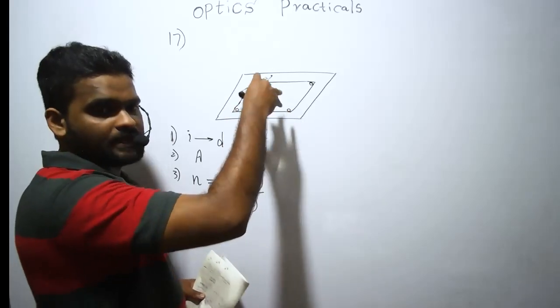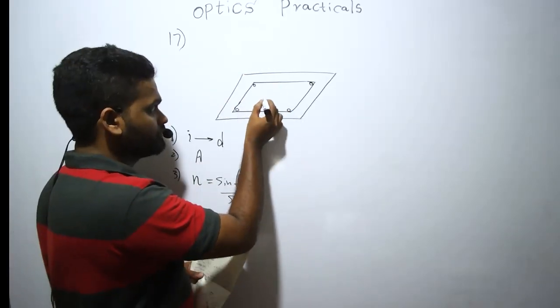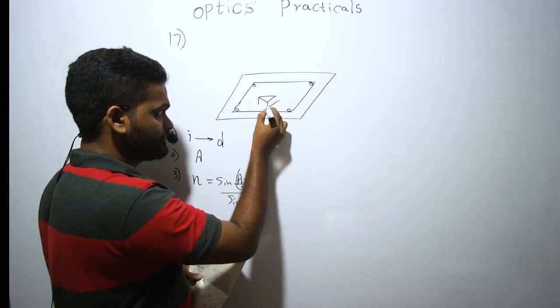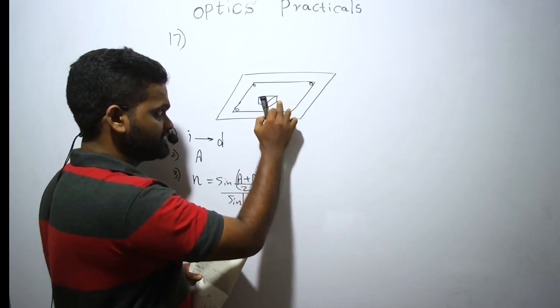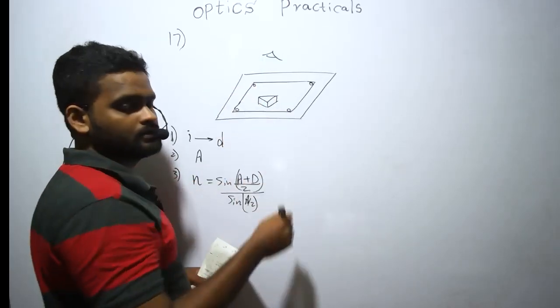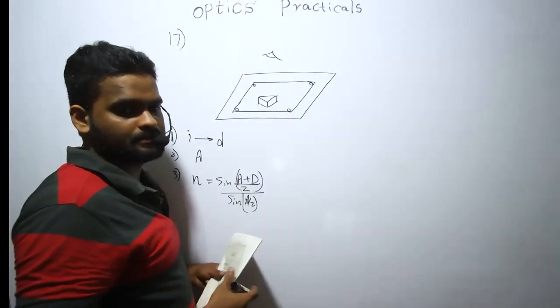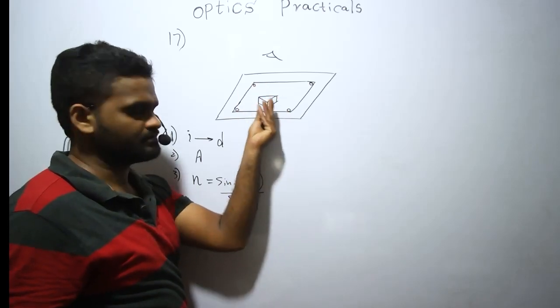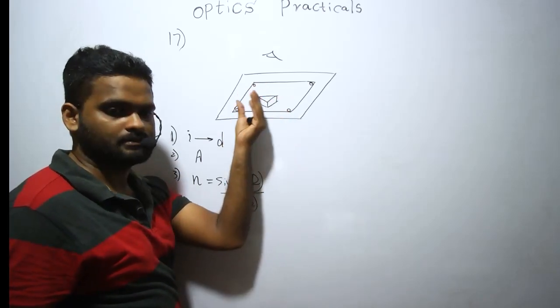On this board, you place the prism like this. So basically, this is what we are doing. From above, you are looking at the prism, and the prism and the optical pins are around this. So basically, this is about the practical.